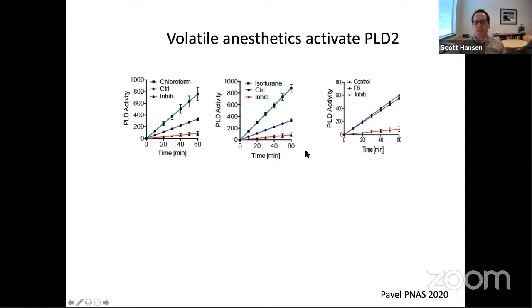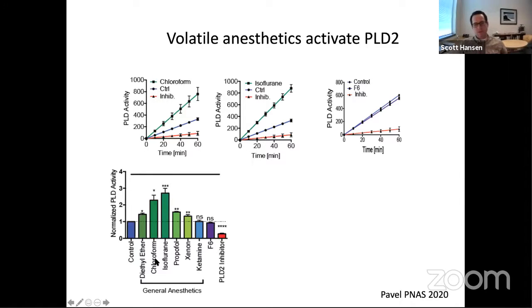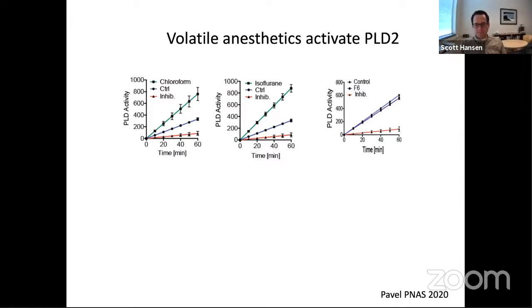This gave us a lot of confidence in the mechanism, and this is a summary of all of them. We did diethyl ether, chloroform, isoflurane, propofol, and again this single atom, xenon. They all activate PLD. Ketamine is an anesthetic, but it's thought to be rather specific to glutamate receptors, so we didn't expect that. And then the F6. This demonstrated that all of these anesthetics are likely disrupting the membrane, and they all clearly activate PLD.